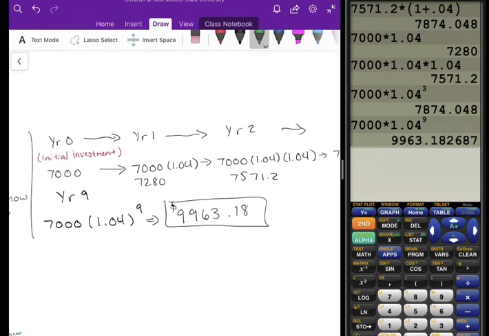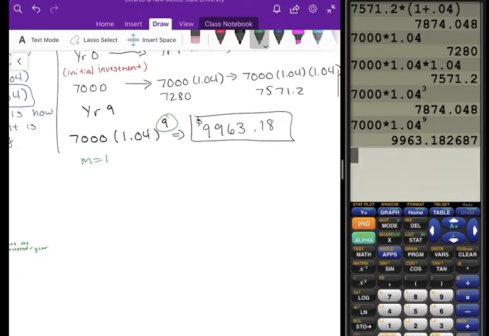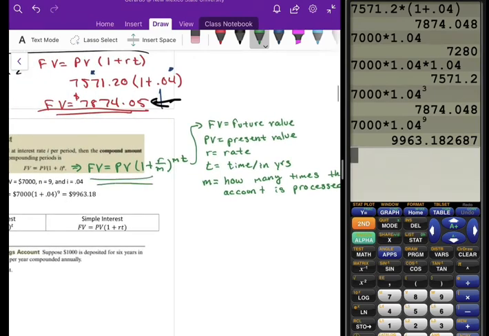We had that this was processed once per year. So my m on this one would be equal to 1. But it's to the power of 9 because how many years did it do? 9. So it was 1 times 9 is 9, which is what we have here. So again, this is how we're going to be using the formula, okay?